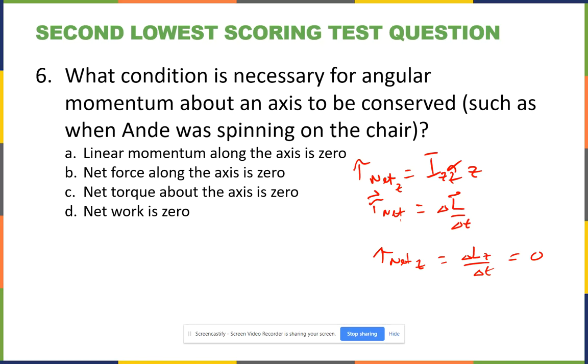And so that was the condition: the net torque about the axis. You might recall when I talked about this, I noted that her angular momentum was only conserved in this direction. If she leaned to the side, that wasn't conserved because the chair would provide a counter torque to keep her from falling over.